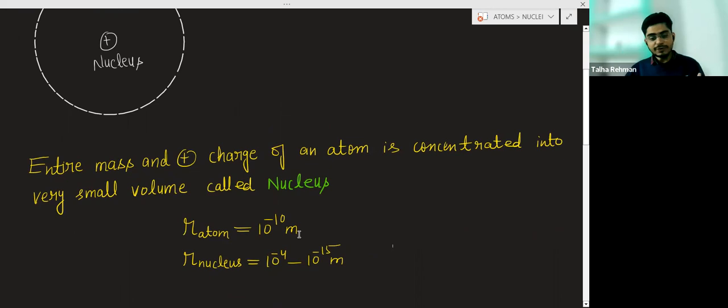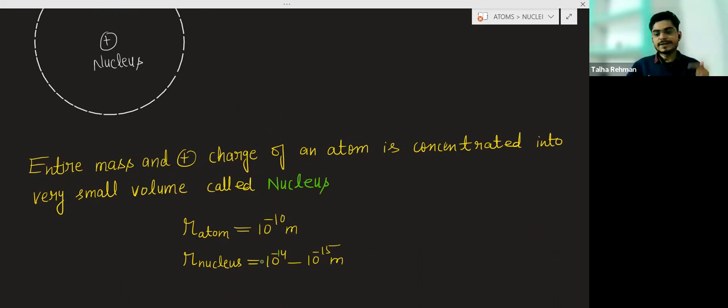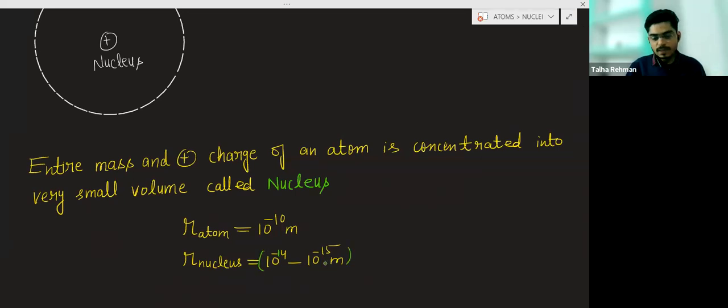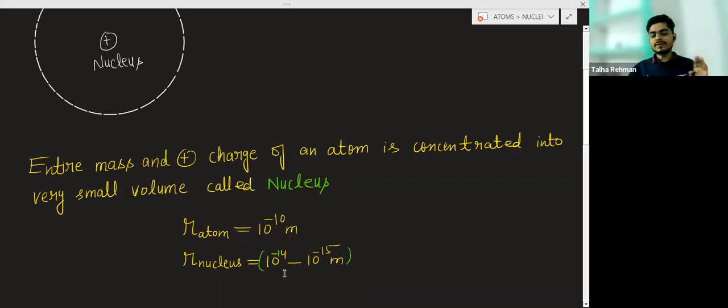On the other hand, when you calculate the radius of the nucleus, it will come out to be approximately between 10 to the power minus 14 to 10 to the power minus 15 meter. Now you can see here the size of the atom is much bigger than the size of the nucleus. The size of the atom is 10 to the power 4 or 10 to the power 5 times greater than the size of the nucleus.